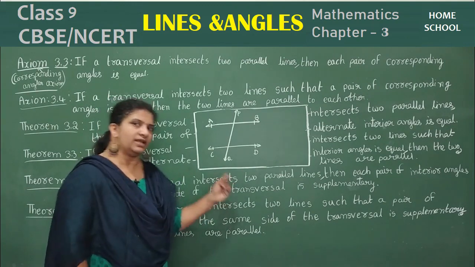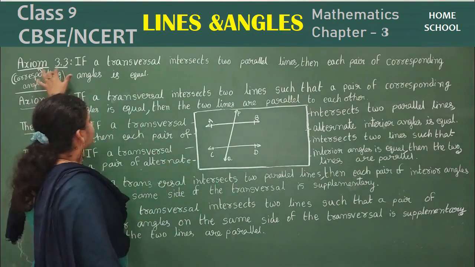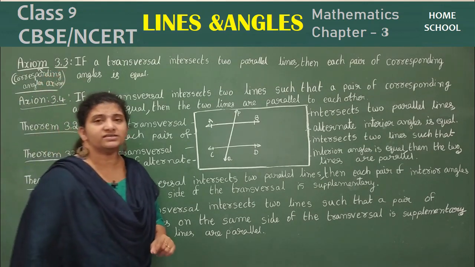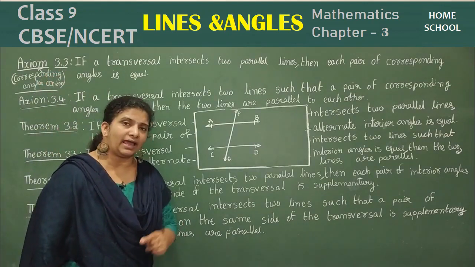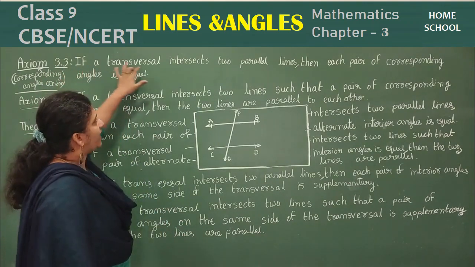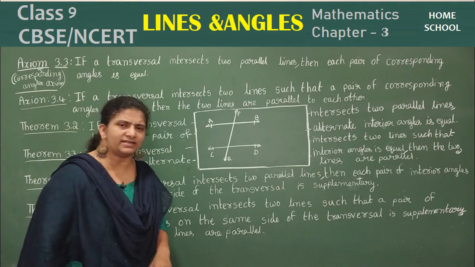Let's start with your first axiom, Axiom 3.3. This is also called the corresponding angles axiom. So let's see. If a transversal, what is a transversal?